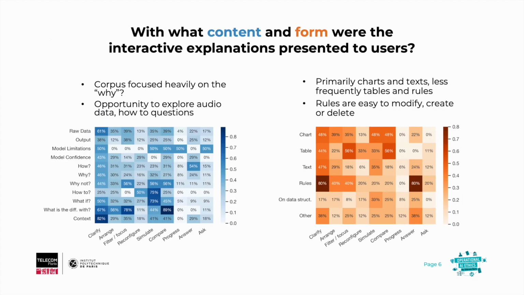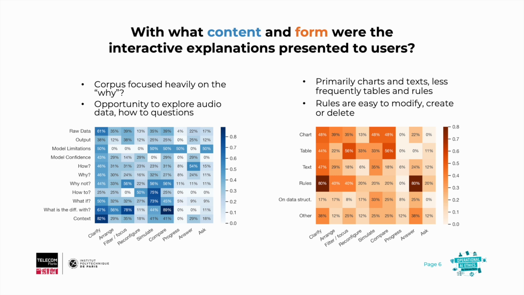Our analysis enabled us to respond to the following research question: with what content and form were the interactive explanations presented to users? We found that the interactive explanations from the corpus predominantly focused on why questions, using feature-based explanation methods.